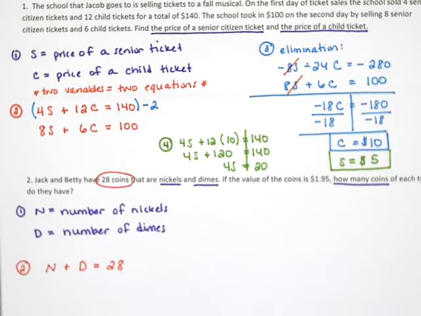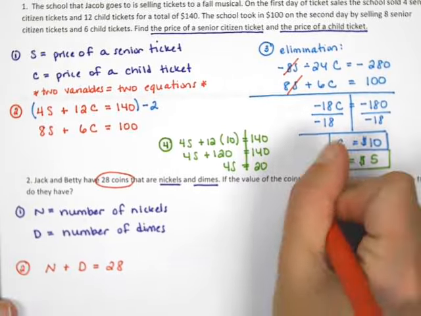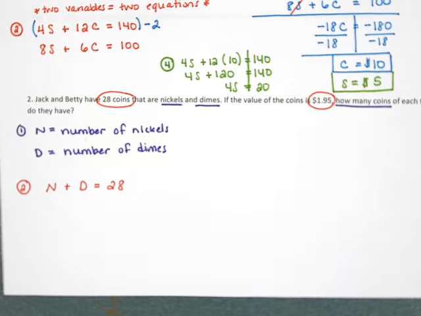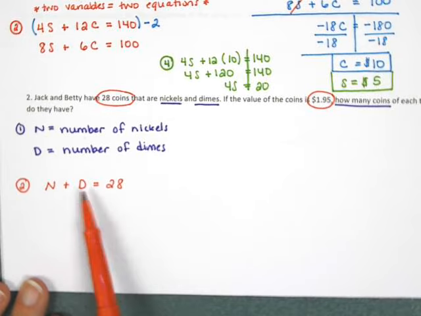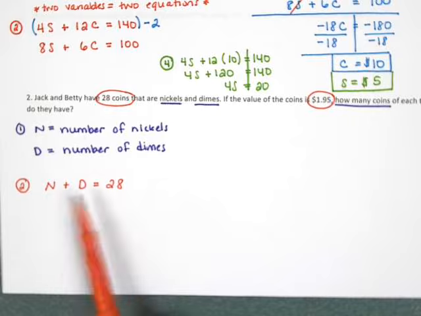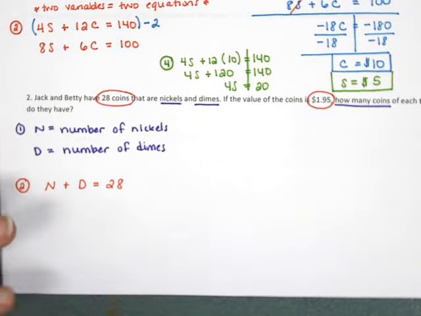Now the second equation says the value of the coins is $1.95. Value means nickels have a value. They're worth 5 cents. Dimes are worth 10 cents. So I can't just say N plus D is $1.95 because the nickels are worth a different amount than the dimes. I would have to incorporate the value of the coins.